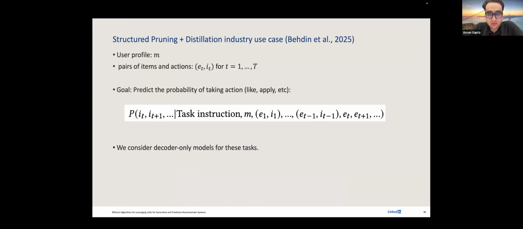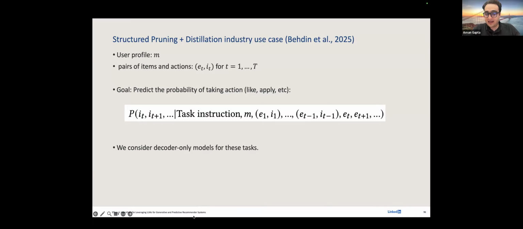So let us make this a bit more concrete. Let us say that the user profile is denoted by M. And for some time horizon 1 to T, we have pairs of item interactions: the item E at time t and the user took some action I at time t.